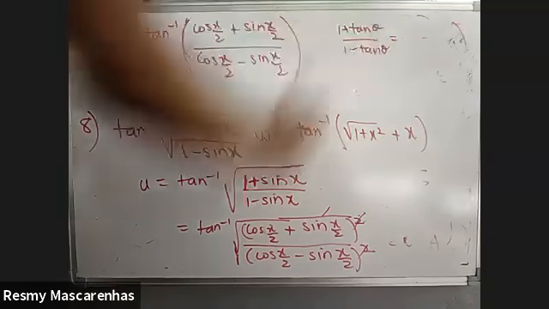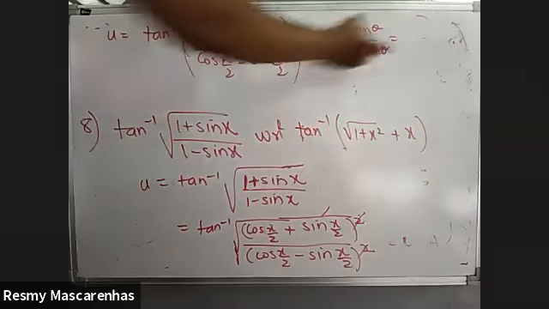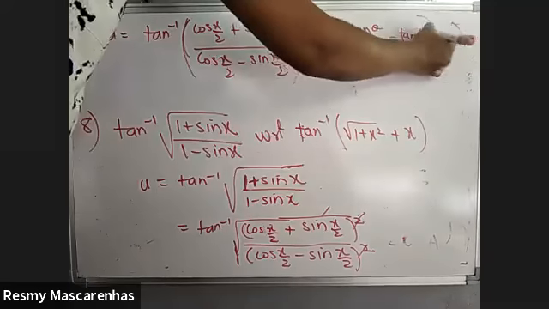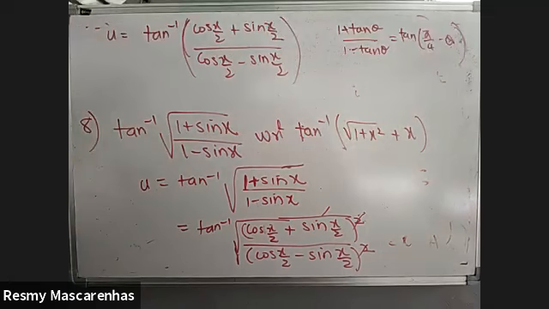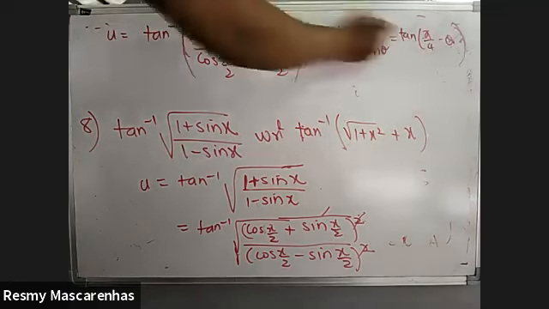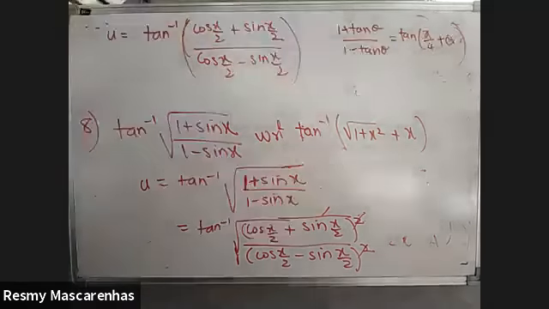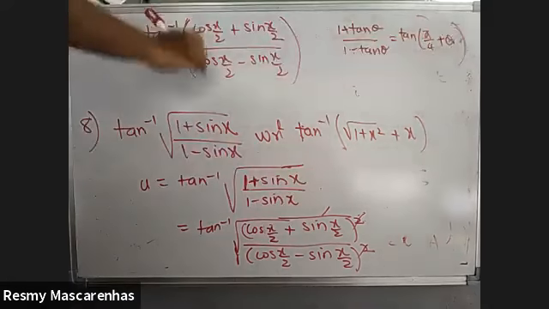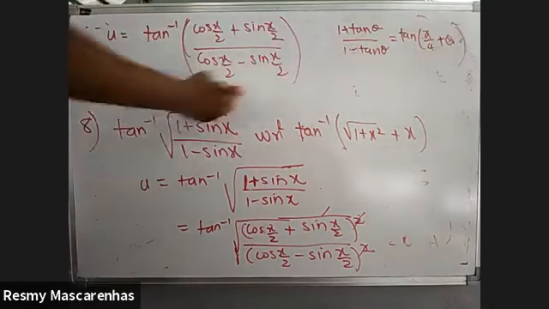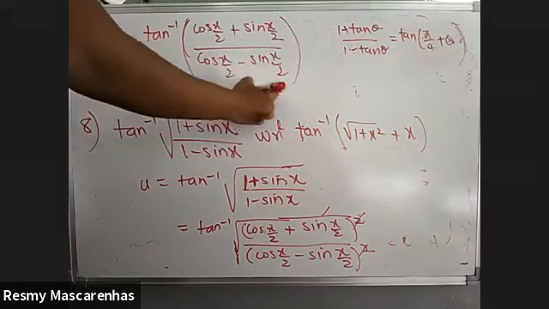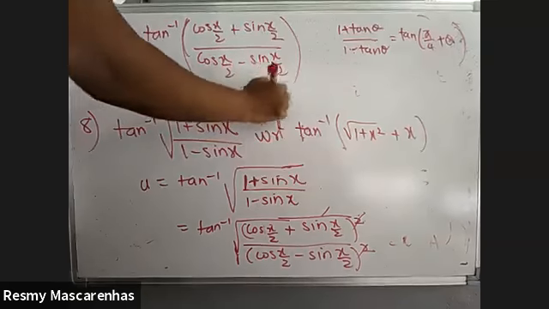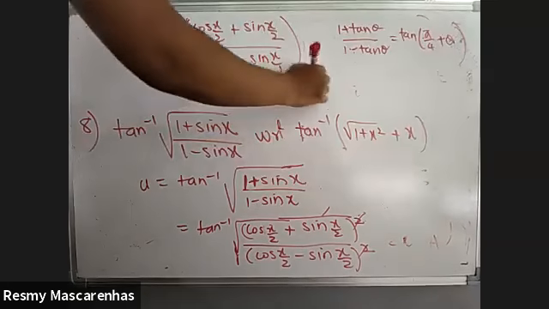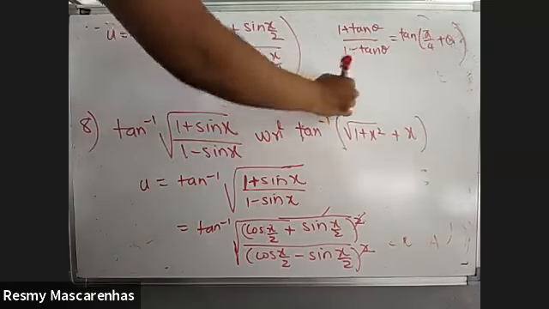This is plus, this will be minus. That is nothing but tan of pi by 4 minus theta. So if this is plus, this will be plus. So this has to become 1. That's why I have to divide numerator and denominator by cos x upon 2.